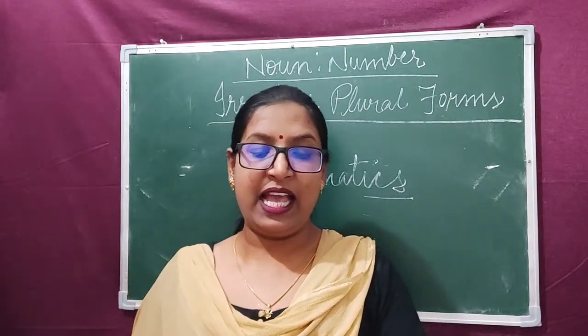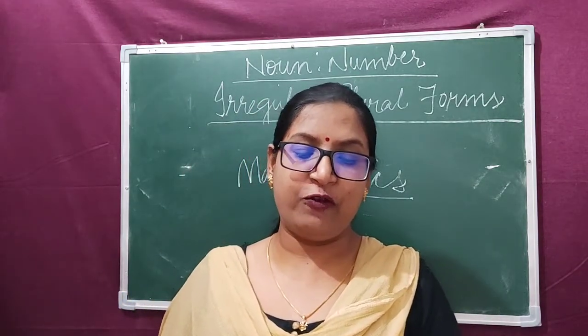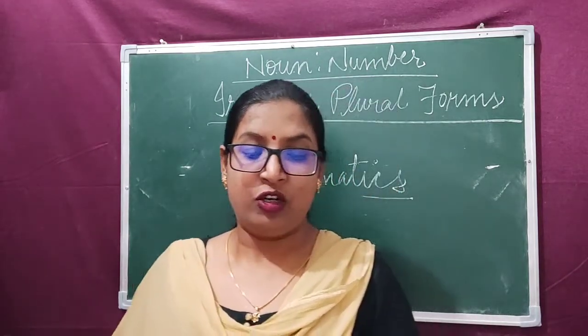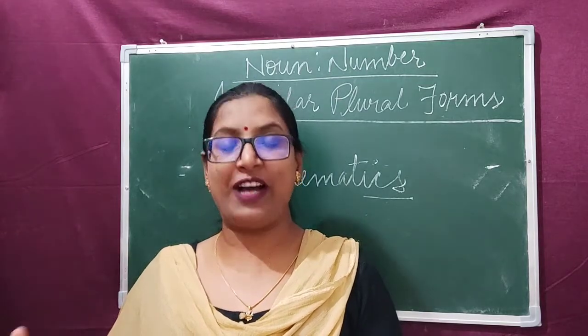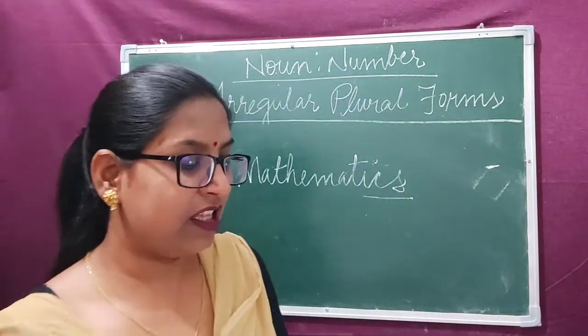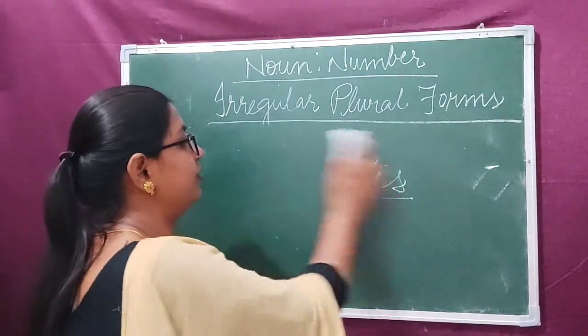Clear? And apostrophe followed by S is added to figures such as 1, 2, 3 and letters such as A, B, C in their plural forms.